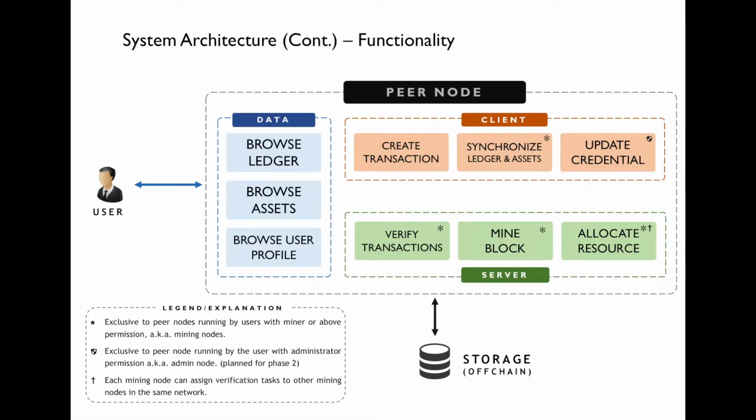This slide shows you the system architecture design from functionality perspective. We categorize the functionality of our blockchain platform into three components: the data management, which is highlighted in blue color; the user interaction component, also known as the client, highlighted in orange color; and the network interaction component, also known as the server, shown in green color.